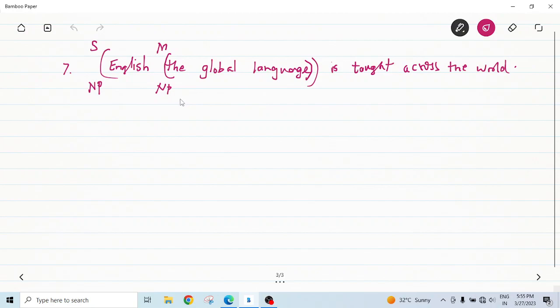I hope you have understood all post modifiers that function in the noun phrase.